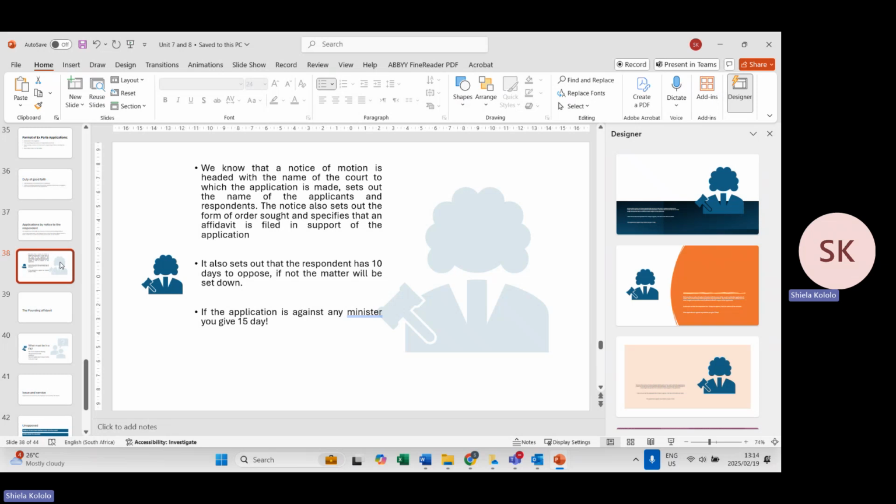So your notice of motion is basically a one or two-pager at max, unless it's a long form, but really it is just a shorter version of saying, I want this. This is what I'm asking for. And with that being said, you are going to find my affidavit in support of this application, which is more detailed.